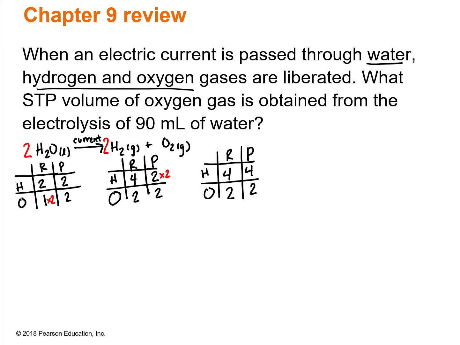The second key, so I'll kind of try to keep track here. 1, we had to write a balanced equation. Second thing that we have to do, we have milliliters of water. We need to know what that is in terms of a mass.